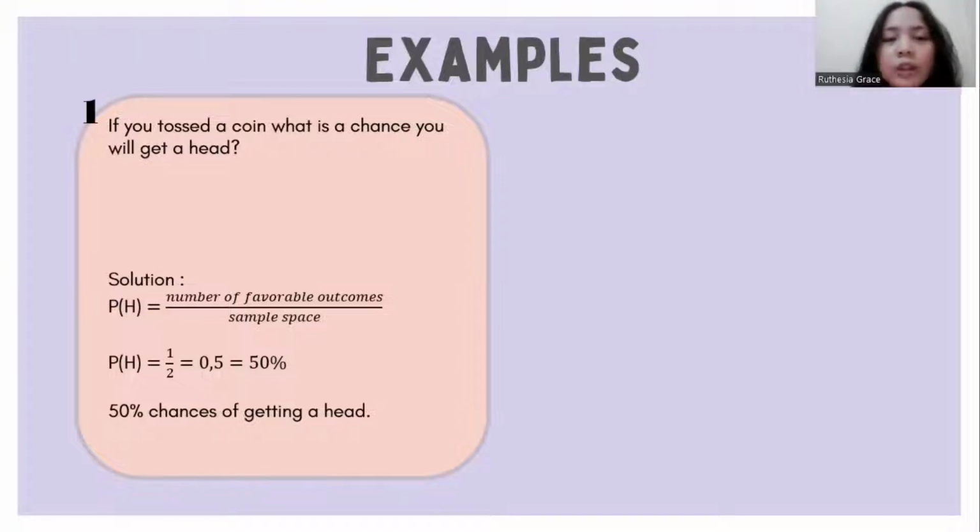Well, we just want to know the outcomes of a head, so the number of favorable outcomes is 1, over the sample space, which is 2, either you get a head or a tail. So the probability of getting a head is equal to 1 over 2, or equal to 0.5, or equal to 50%. So there is a 50% chance of getting a head.